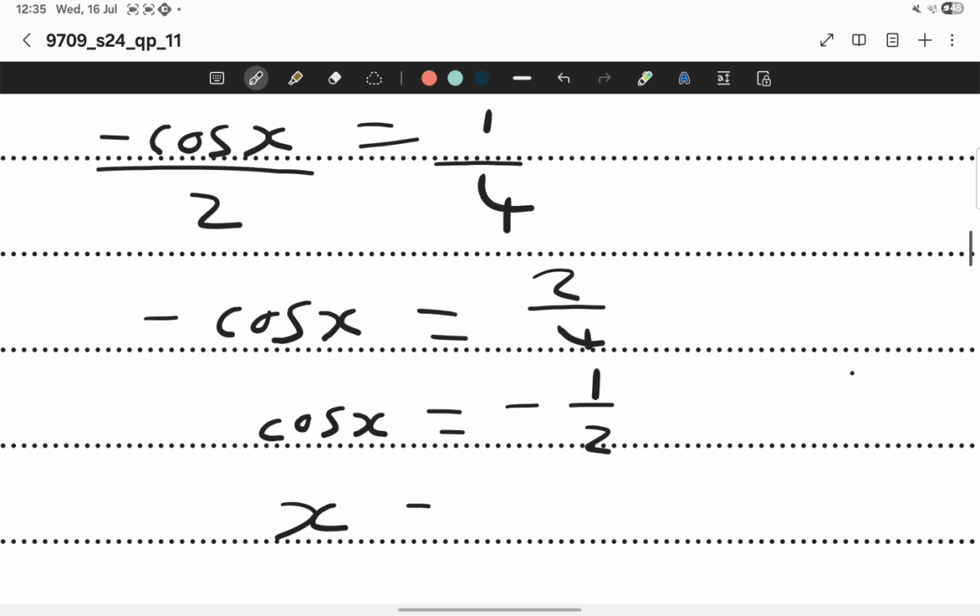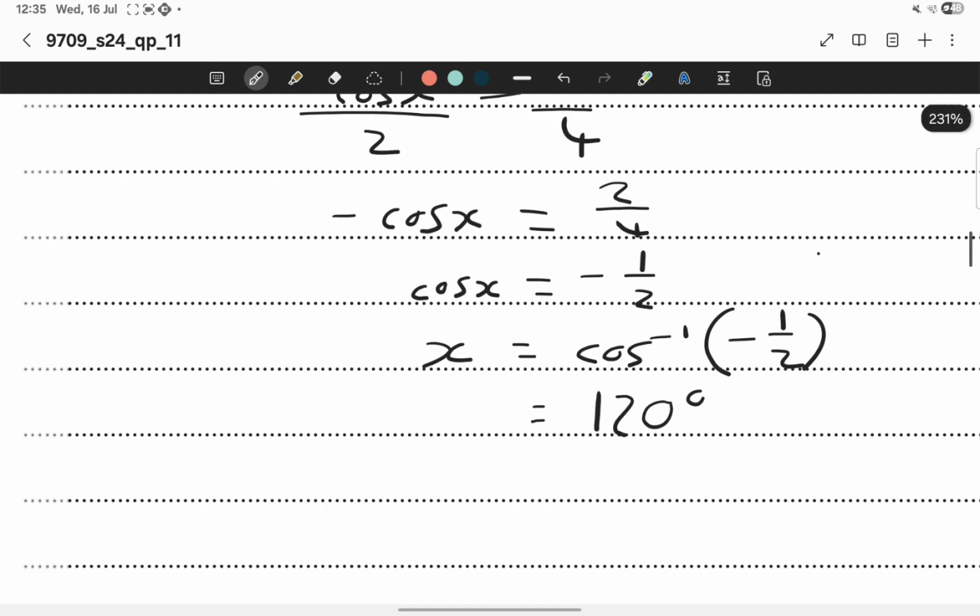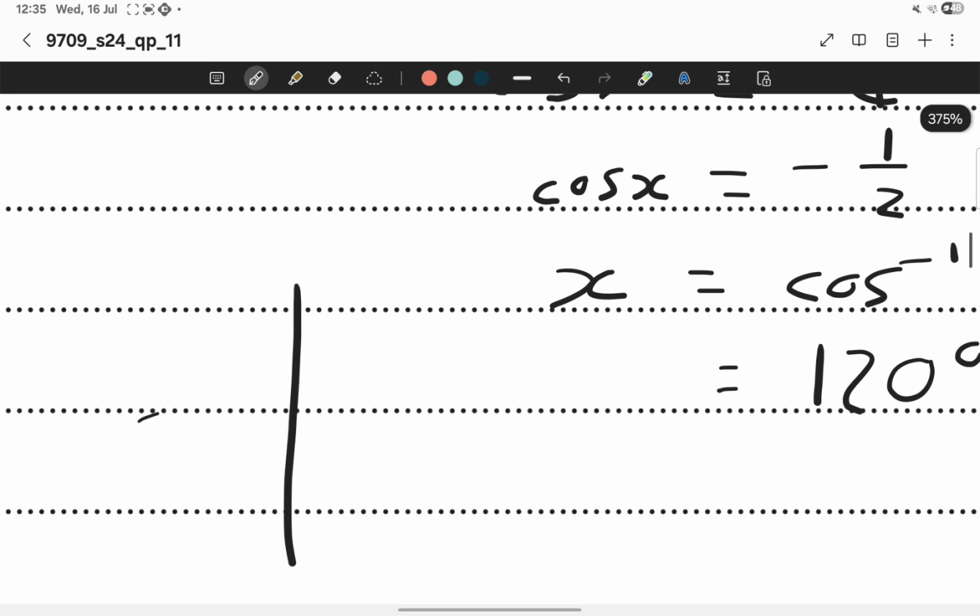And for us to get x, we say cos inverse of minus half, right? And if you punch this in our calculators, we get 120 degrees. But that's not the only answer. We use our CAST diagram.